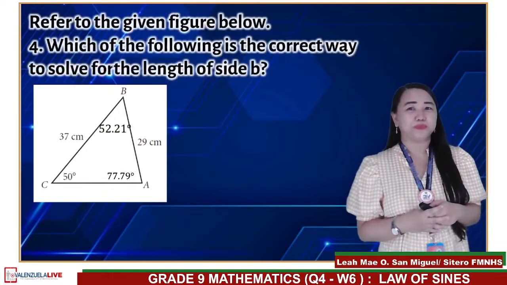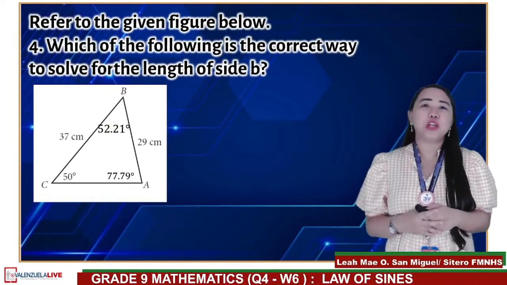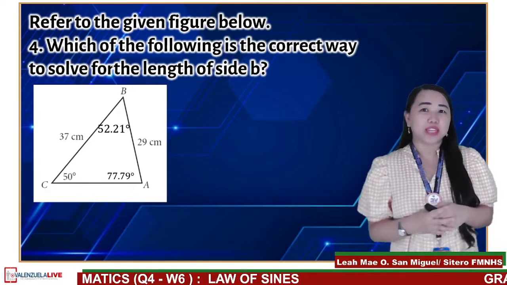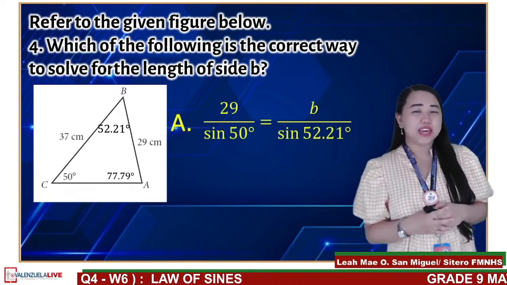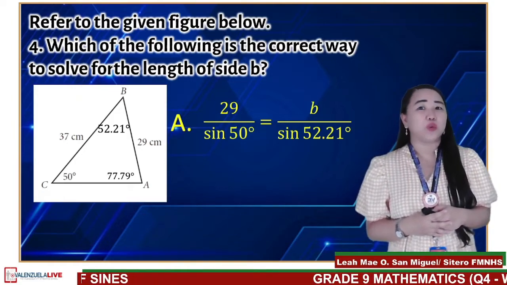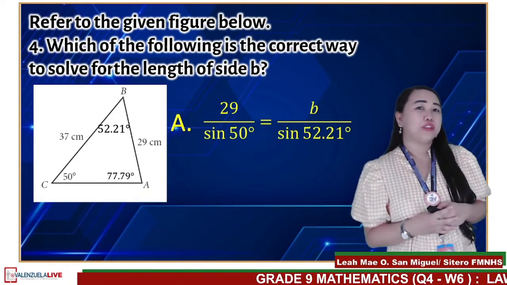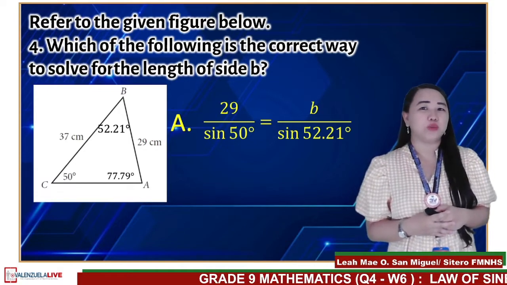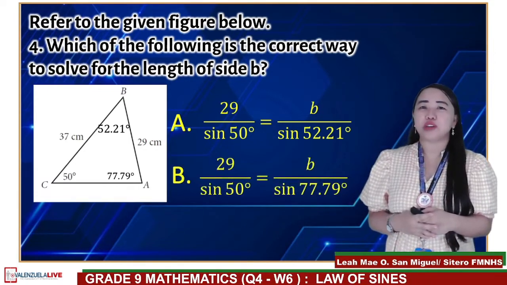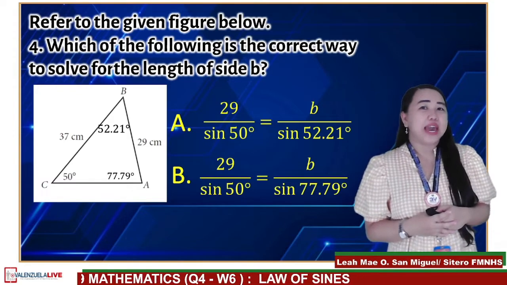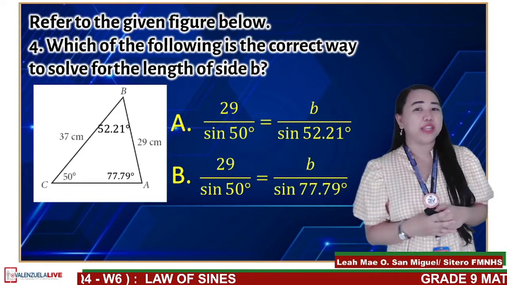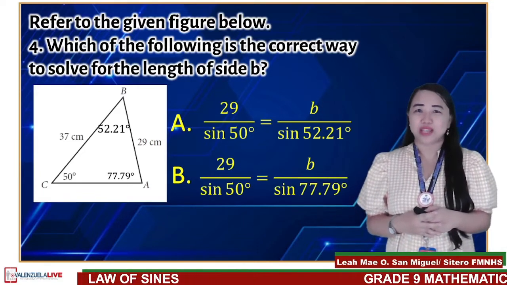Number 4. Which of the following is the correct way to solve for the length of side B? Is it A, 29 over sine 50 degrees is equal to B over sine 52.21 degrees? Or B, 29 over sine 50 degrees is equal to B over sine 77.79 degrees?